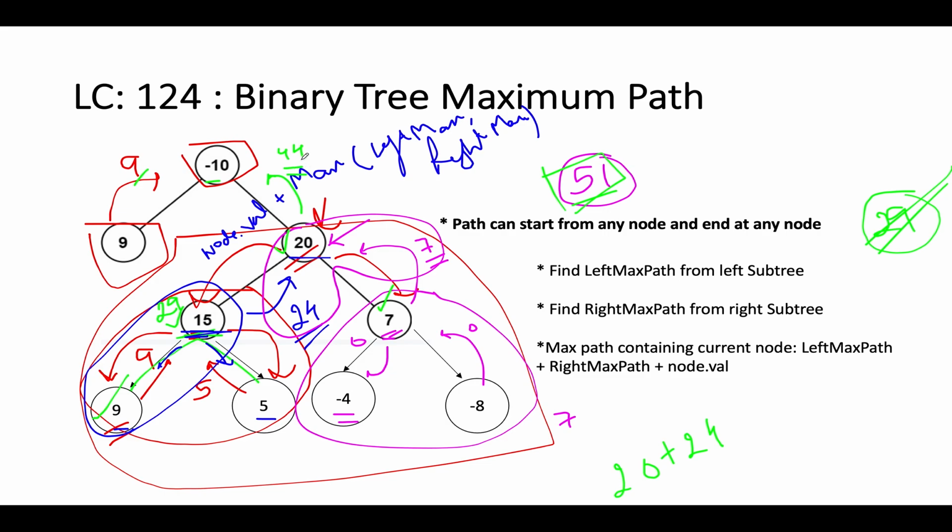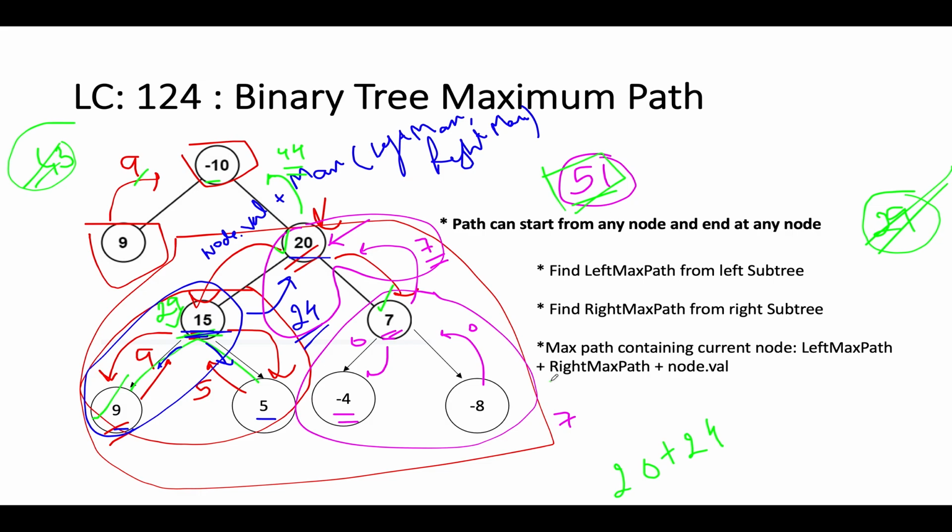It is 44. So 9 plus 44 is 53, and 53 minus 10 is 43. So 43 happens to be lower than 51, as a result of which the maximum path sum will still remain 51, which is again in sync with our expectation. And with this we have completely traversed the binary tree that we had.